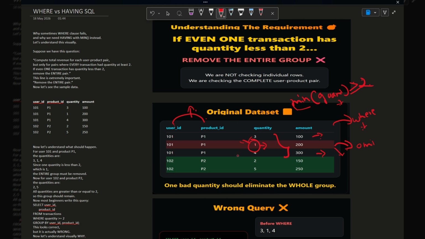And if we look at user id 102 and product id p2, both quantities satisfy the condition, so it goes on to the total revenue calculation.